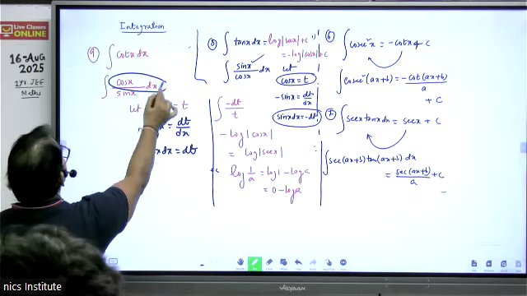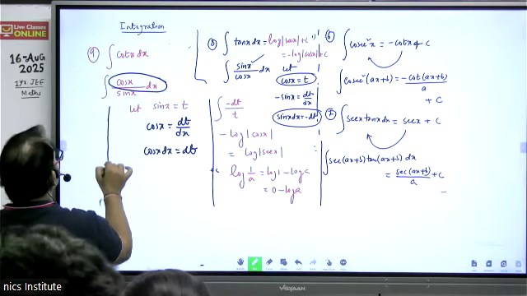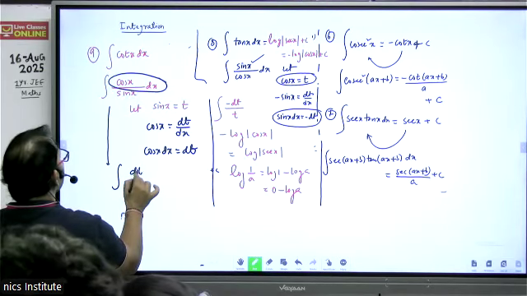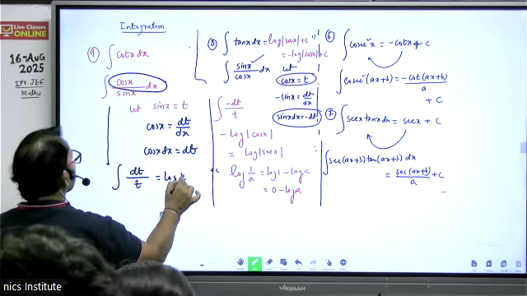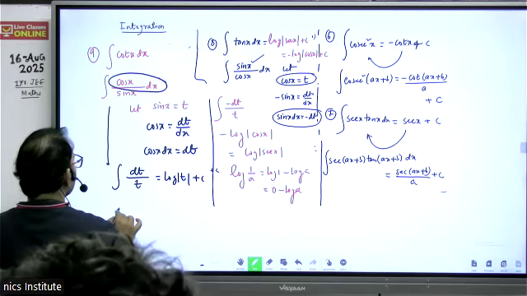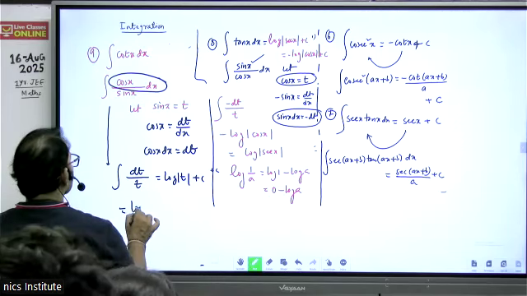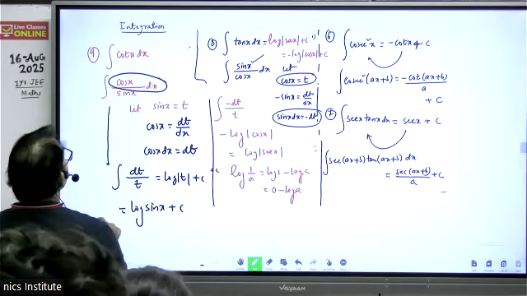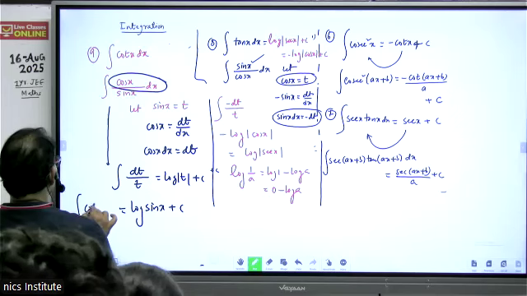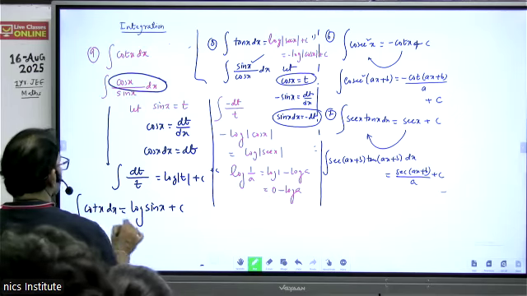So this is dt divided by t, which is log t. But what is t? Sin x. So derivative of log sin x will be cot x, or integration of cot x is log sin x.